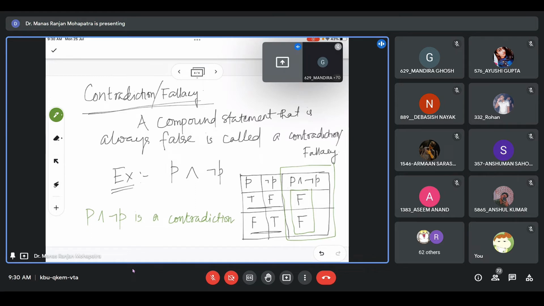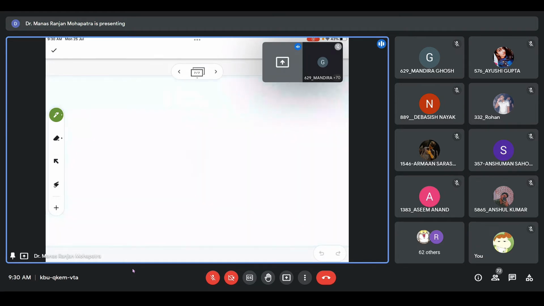Now there are statements which are not always true and not always false, and those kinds of statements are called contingency. Now, what is a contingency?